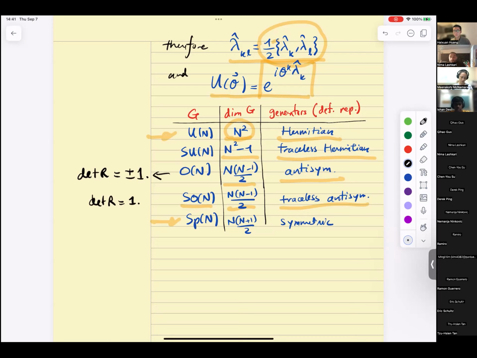You're not killing any parameter. This is to be compared with SUN, where the determinant of these was a phase, and here, you fix it to be 1, so you kill a continuous variable that brings the dimensionality down by 1. But here, you're just saying that, oh, I had 2 different copies of it. I'm just going to pick 1.